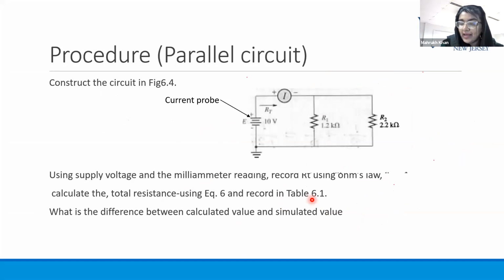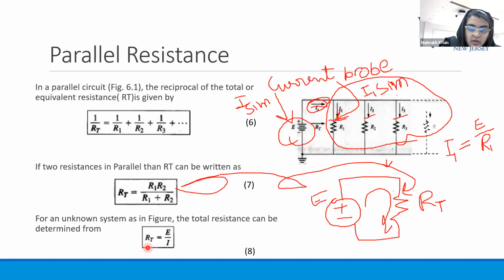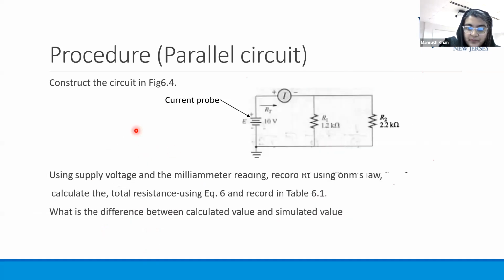If there is no difference, you can just put 0. Then RT using equation 6.2. So you have two equations to find your RT, and then R using Ohm's law. So this is the RT using Ohm's law, this is the RT using equation 6.2, and this is the RT using equation 6. That's what they ask you to record in 6.1.